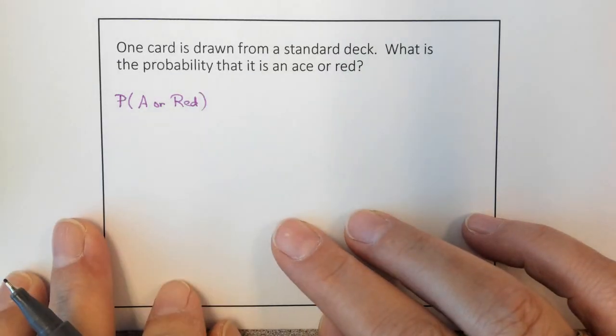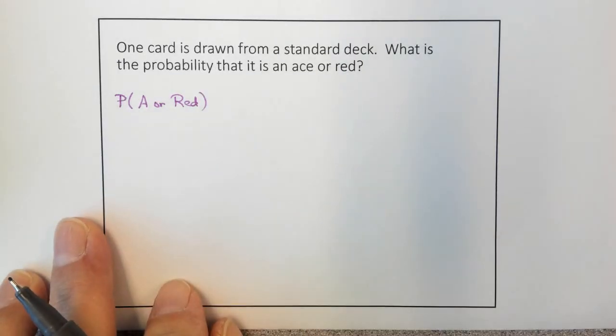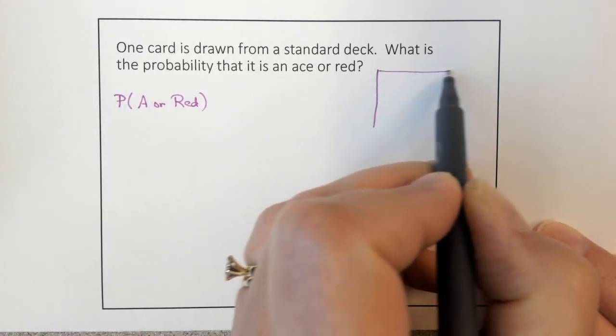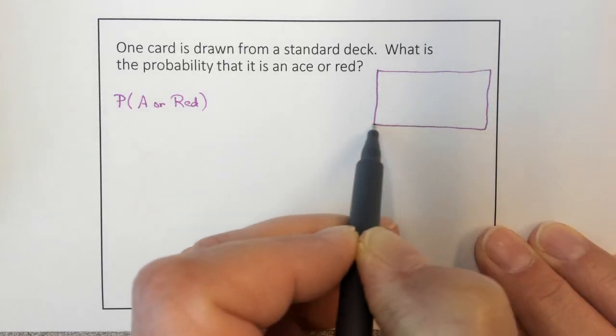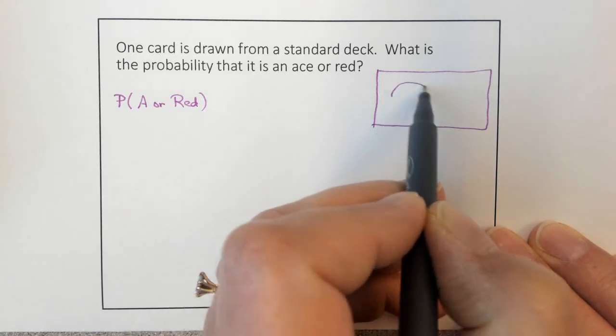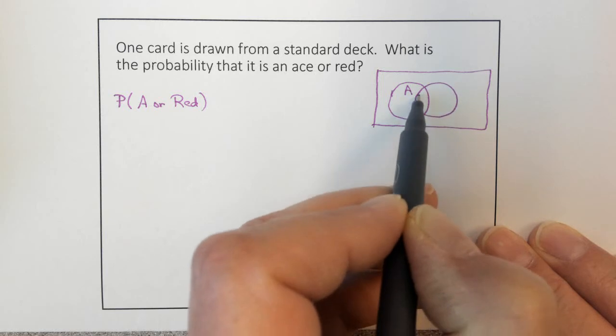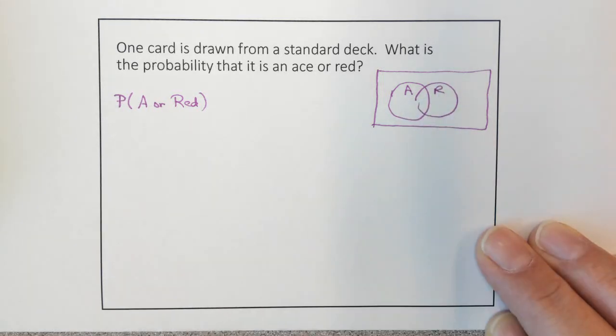Okay, we've got two options. One, draw a picture. And the picture will count as work if you do the picture. So if you prefer the picture, go off to the side, draw yourself a Venn diagram, and put in aces, put in reds. We know there's some red aces, so there's some overlap.